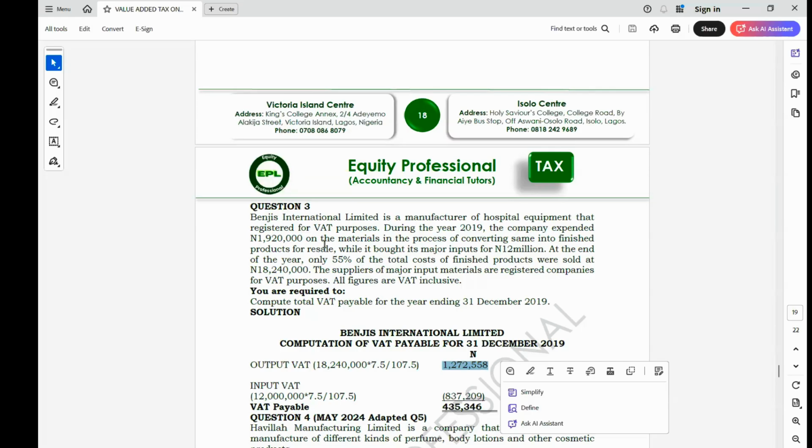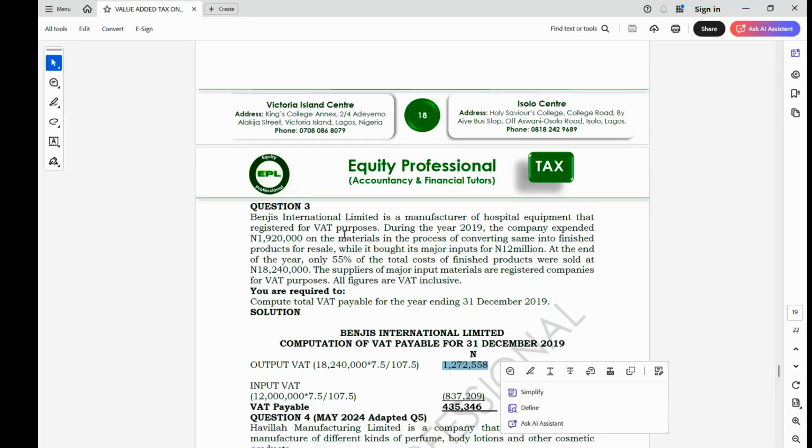So that is the cost of conversion. That amount was spent by the organization after the item has been purchased. That means no VAT was charged on that item.